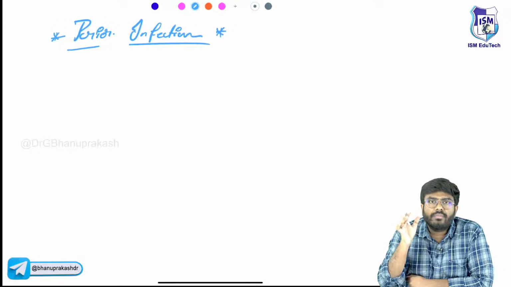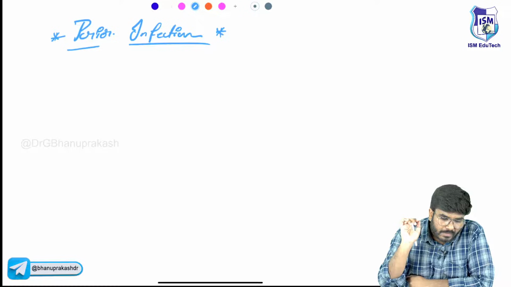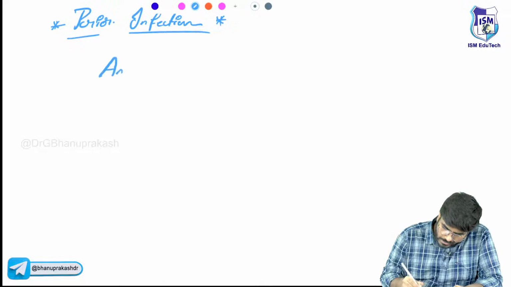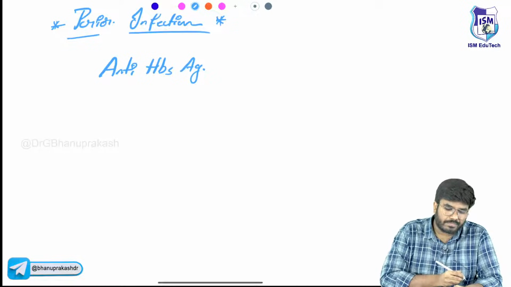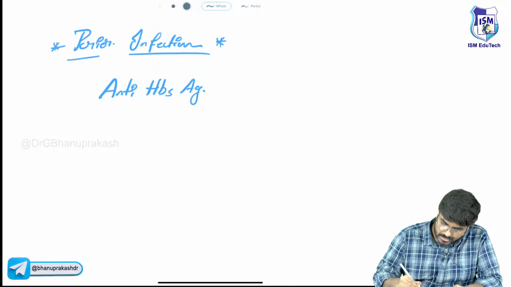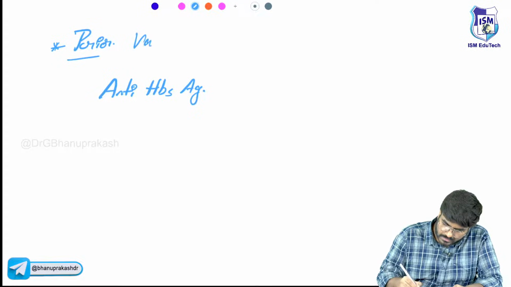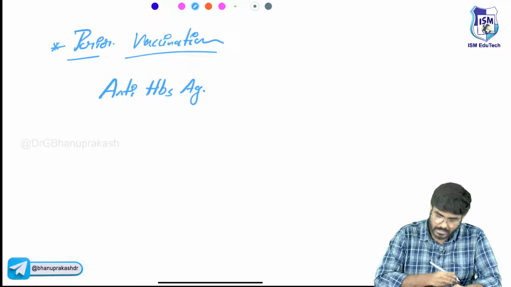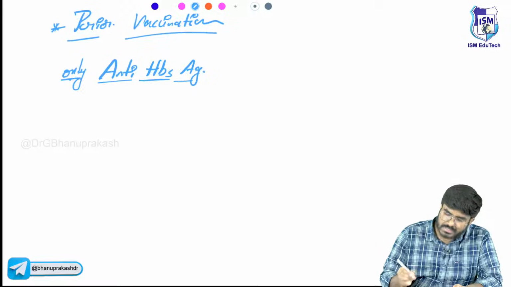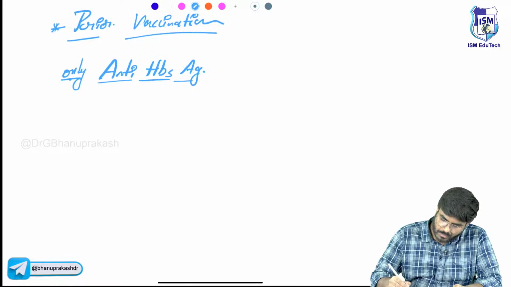He is going to have anti-HBs only. Sorry guys, not prior infection, I should say prior vaccination. I got confused. He got vaccinated, so he is going to have only anti-HBs.